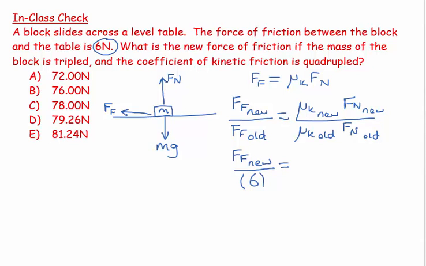That's just the way it is. There's no other forces there. These two guys are balancing each other because otherwise I would accelerate upwards or downwards, and I don't. So these two forces are balancing each other. If I triple m, then I triple Fn.